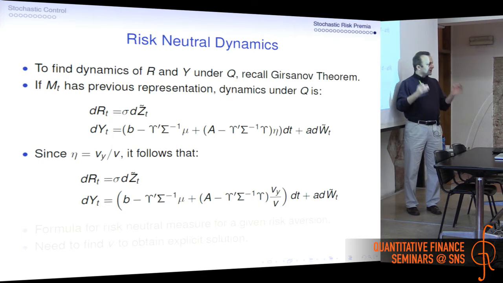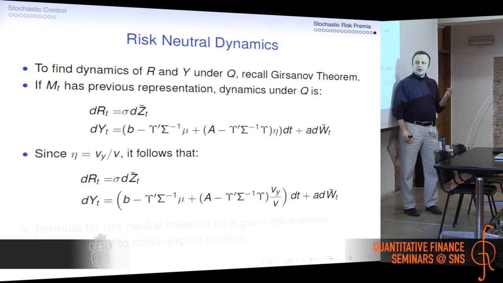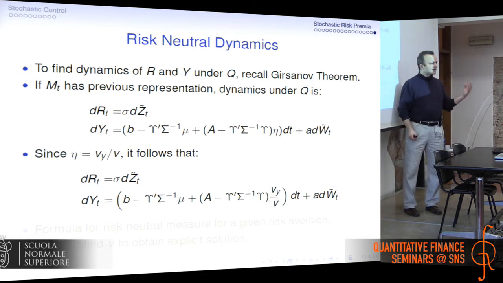And it also has to be clear that if you have a certain risk aversion and you invest according to a certain portfolio, you must also price according to this measure. You cannot choose another measure and then invest according to the portfolio that doesn't correspond to that measure. Otherwise, you're going to fool yourself.